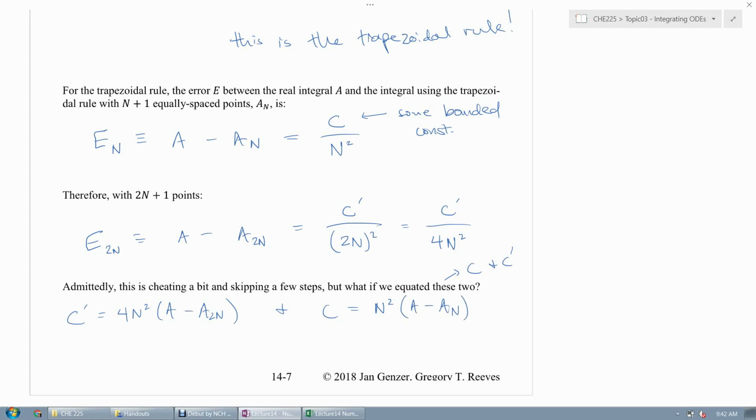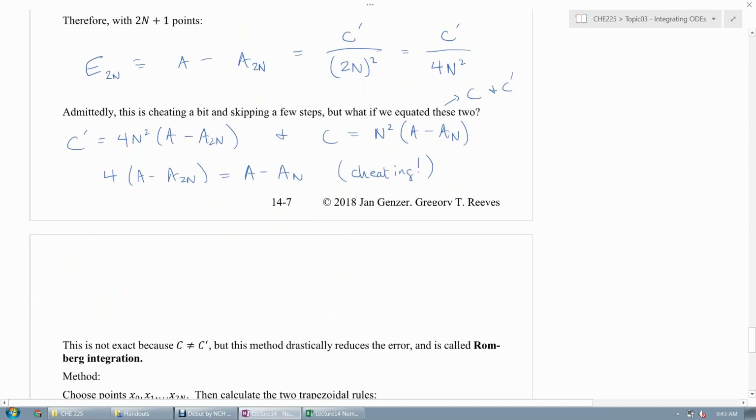So if we equate c and c prime, what we get is 4 times a minus a 2n is equal to a minus a n. And note, I just want to make it clear, this is not really true. These two are not actually equal. So this is cheating a little bit, like I said. But let's see where this takes us, okay?